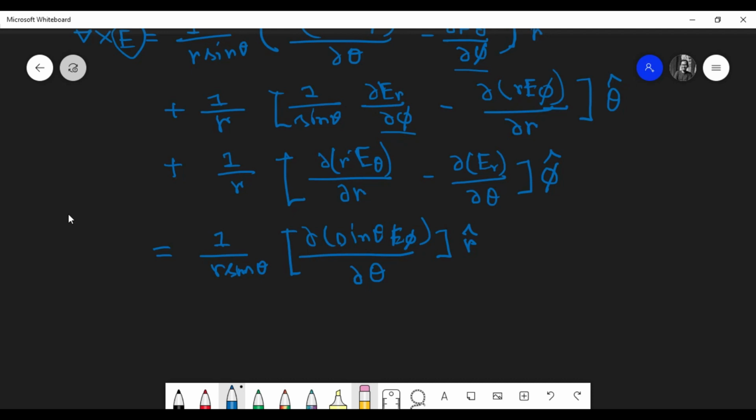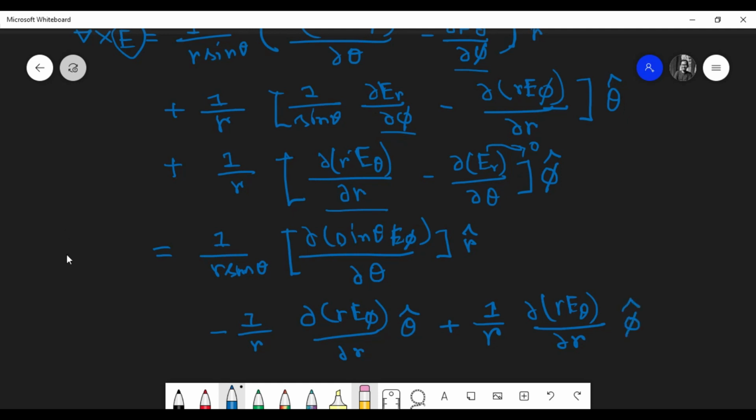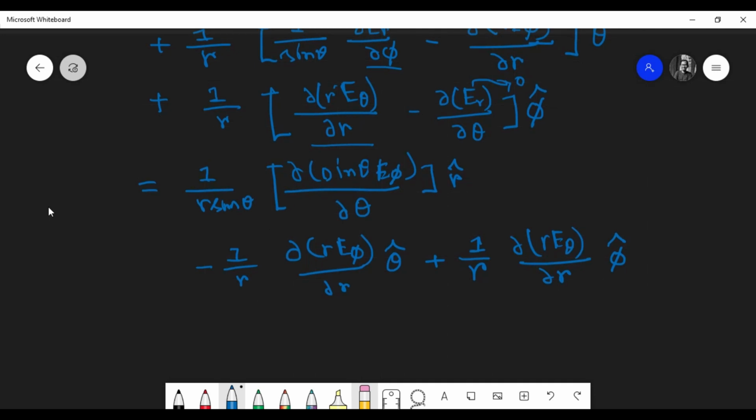And I'm going to write this second term. There will be a minus in front of it, partial derivative of E phi with respect to r. Plus, as we have already assumed the radial component is zero, the first term will remain here. So it will be 1 over r times the partial derivative of r E theta with respect to r. Okay, we will get a similar expression for the curl of B.